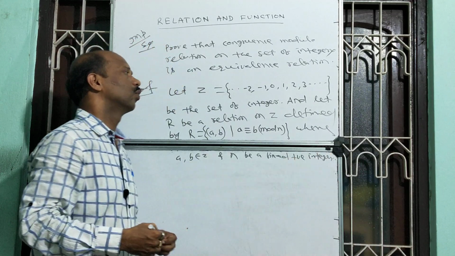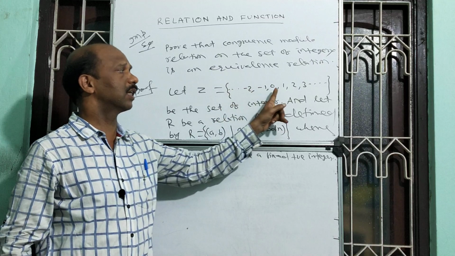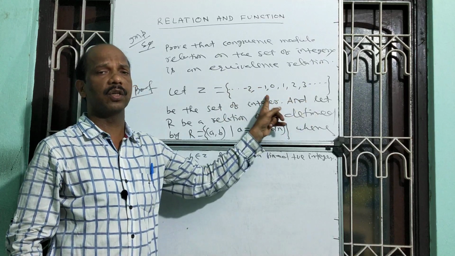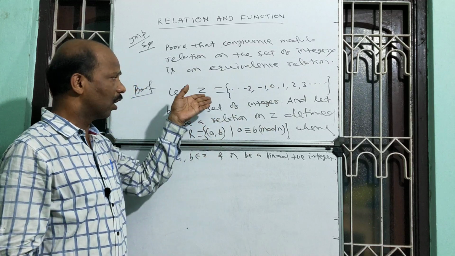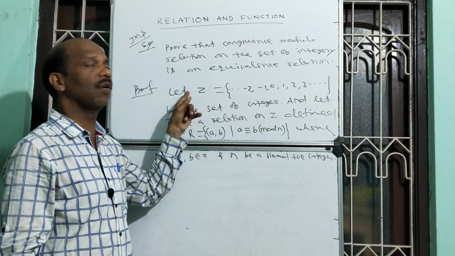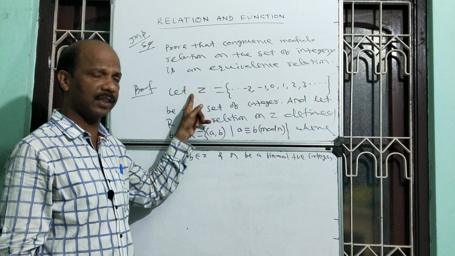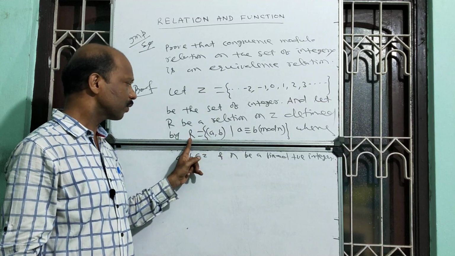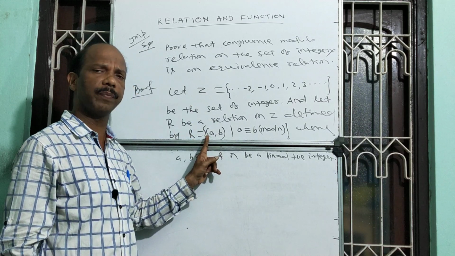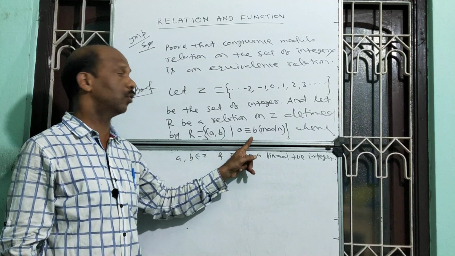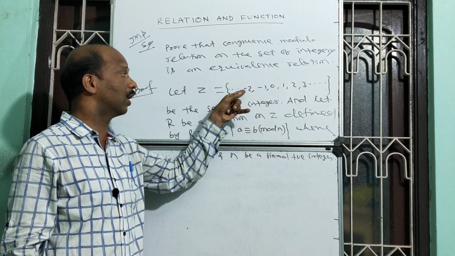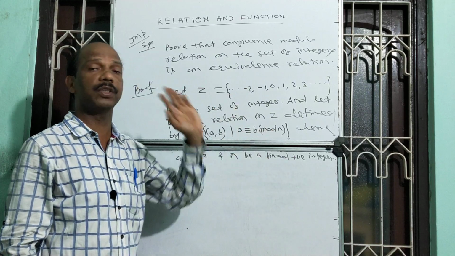That means we have taken the set of integers as 1, 2, 3, ..., 0, minus 1, minus 2, minus 3, ..., the set of integers. We define a relation R on that set Z, that is, R contains all the ordered pairs (a, b) such that a is congruent to b modulo n, where a, b belong to Z and n is a fixed positive integer.